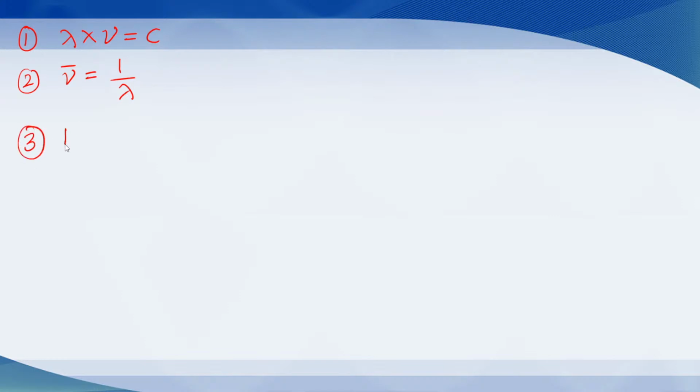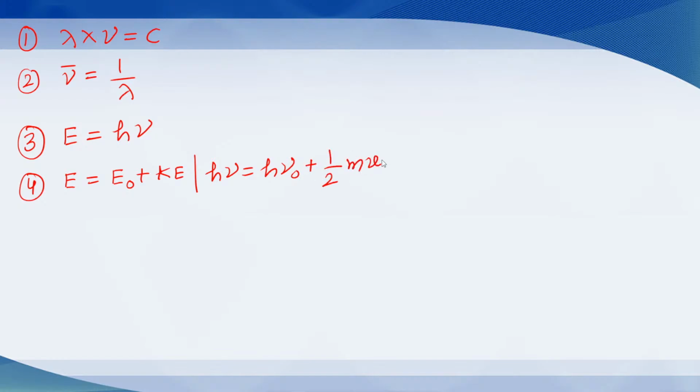Then we have E equal to h nu, that is Planck's quantum theory, energy of the photon. Then we have the photoelectric effect, where energy of the incident photon is equal to threshold energy plus kinetic energy, or h nu equal to h nu naught plus half m v square, where nu is the frequency of the incident photon and nu naught is the threshold frequency.